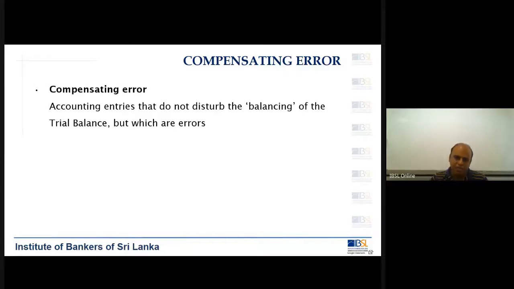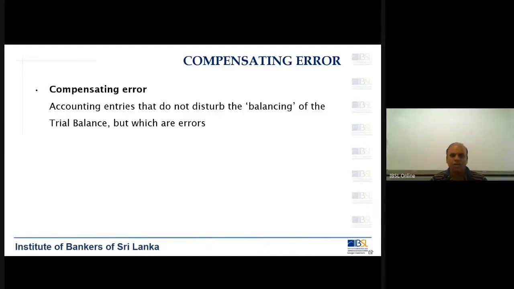Why? 90,000 came in, 90,000 went out. No problem. But the original entries that you have posted are for 100,000. So there is no issue with regard to the balancing of the trial balance. The trial balance will balance anyway. But the errors that you have made in both instances compensate each other.